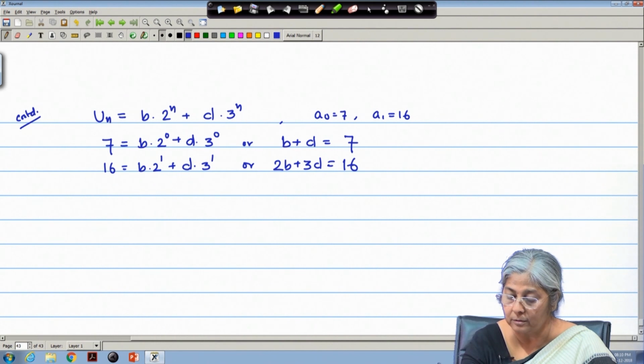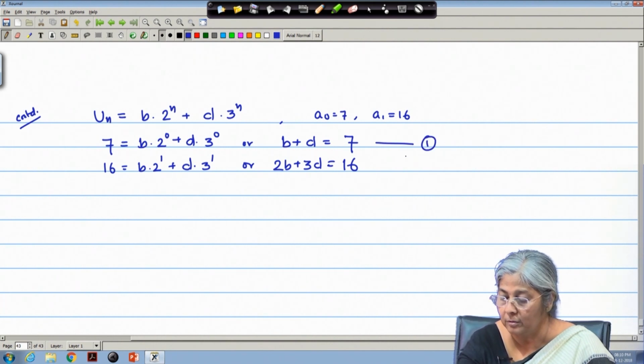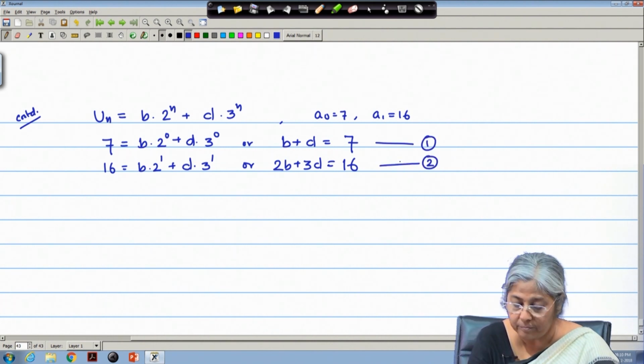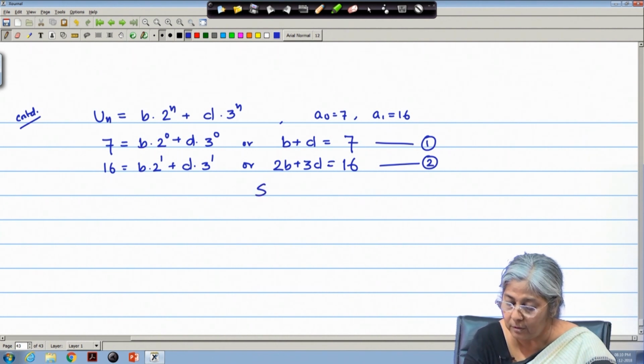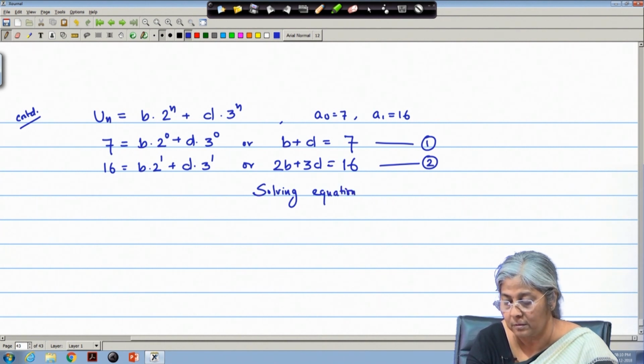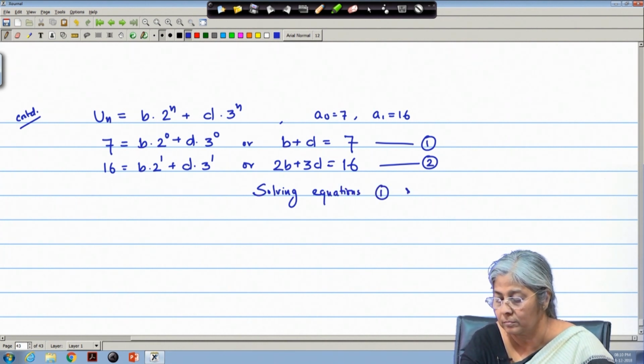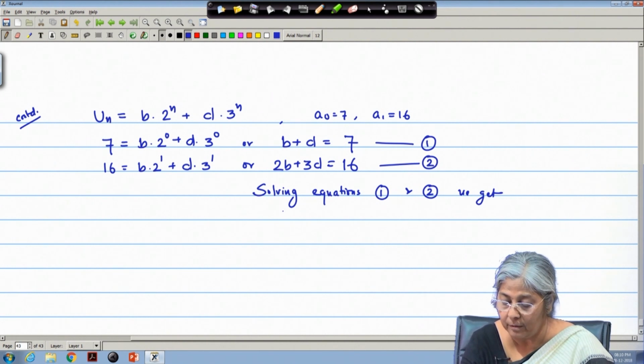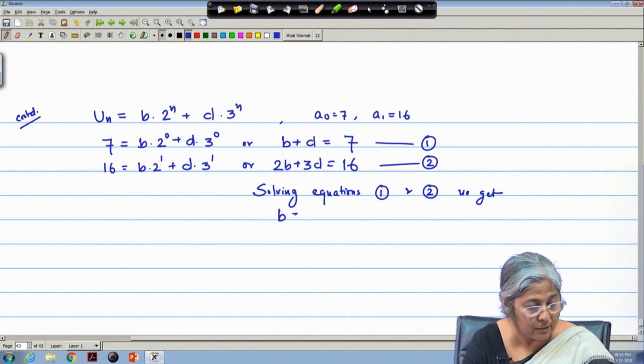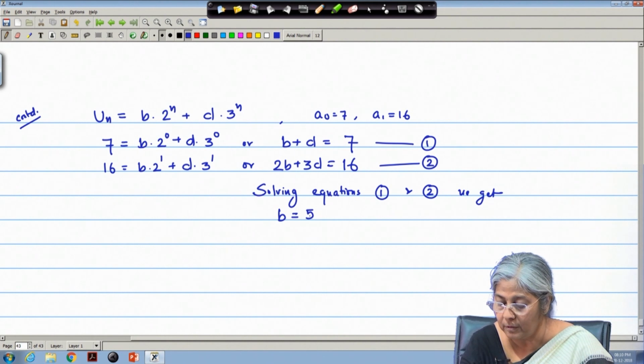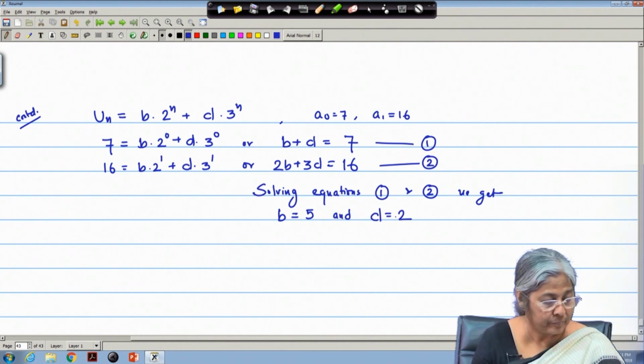Solving equations 1 and 2, we get B equal to 5 and D equal to 2.